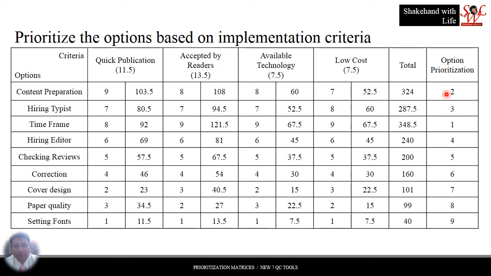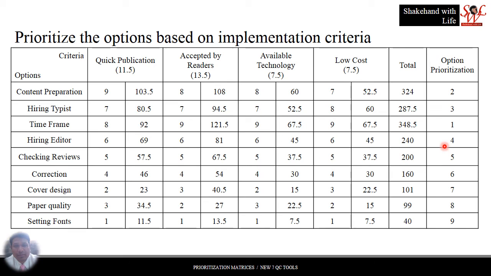The writer should prepare the content after deciding the time frame. Then the third option is hiring the typist. The writer chooses a good typist to write his story text for the book.